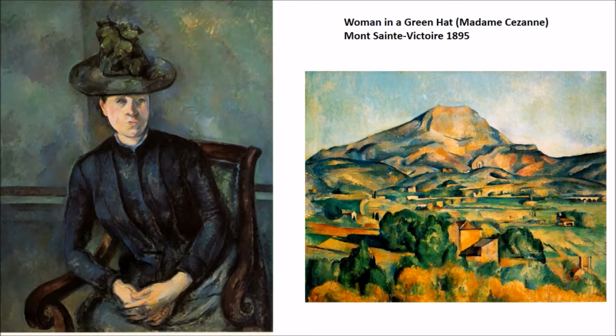Here we have Mont Saint-Victoire again, and also a portrait of Madame Cezanne in a green hat. And again, when we look at this, this is really a forerunner to the work of both Matisse and also Picasso, especially when you look at the left. One almost is reminded of Picasso's famous portrait of Gertrude Stein.